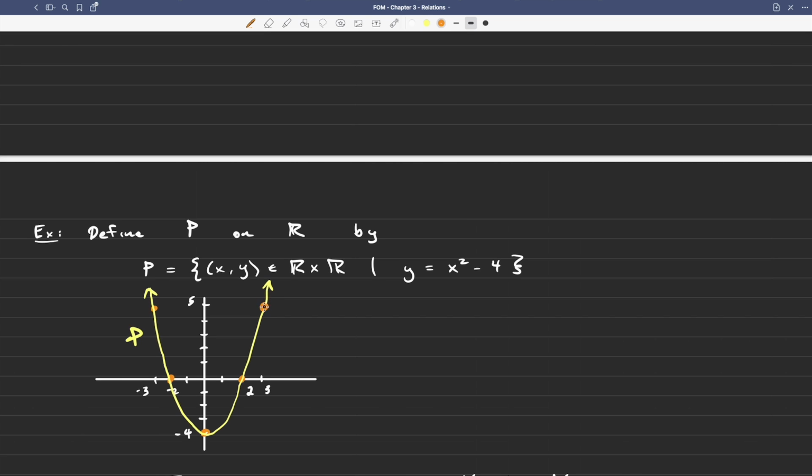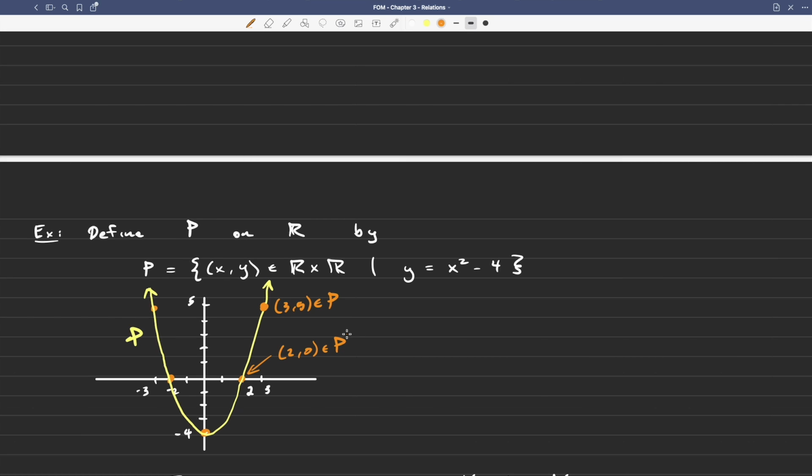You can see some of the points I plotted on it. For example, (3, 5) is an element of P. Similarly, you've got (2, 0) there as an element of P, and so on. There's lots of points on that parabola. So then, what are the first components that can appear in that relation? Well, that's just the part of the graph that corresponds to the x-axis.